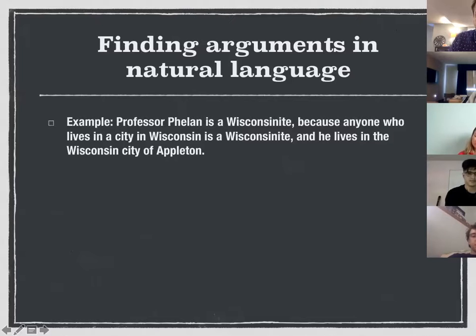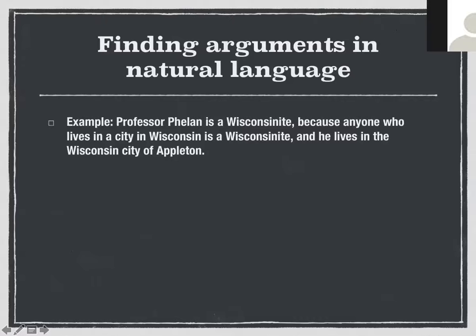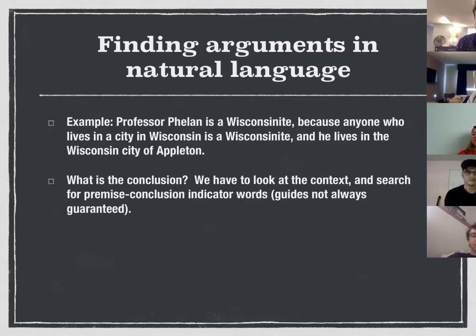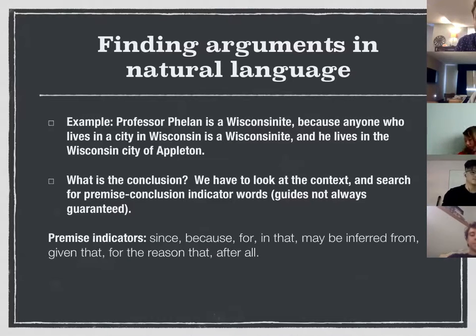So another example. For our example, Professor Phelan is a Wisconsinite because anyone who lives in a city in Wisconsin is a Wisconsinite, and he lives in the Wisconsin city of Appleton. We identified what the conclusion was, perhaps using these indicator words. So here, the indicator word that appears is because, and that indicates the premises, as I was just mentioning. There are other words we might point to as well.